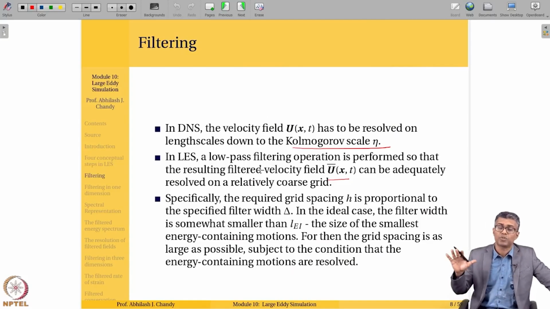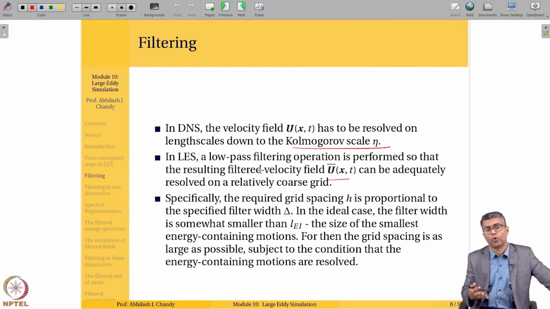Because we are using a coarser grid, essentially we are doing a low-pass filtering operation. Meaning what? We are letting all the low frequencies, the large scales, go through, isn't it?